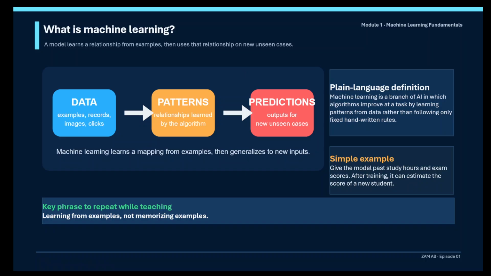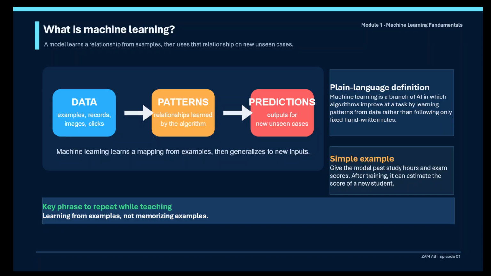What is machine learning? A model learns a relationship from examples, then uses that relationship on unseen cases. Data can be records, images, different kinds of data. And then definitely patterns, relationships learned by the algorithm. What are the relationships in the data?